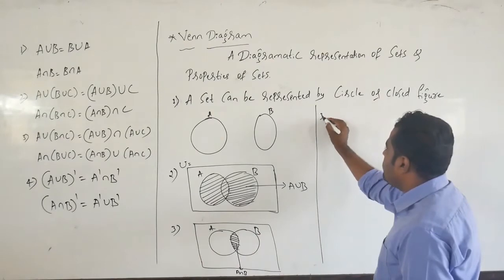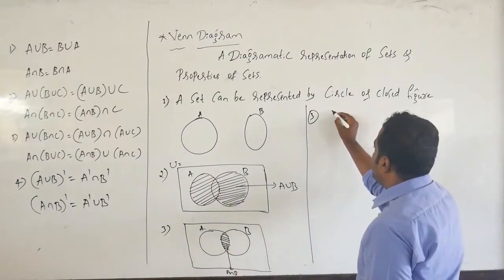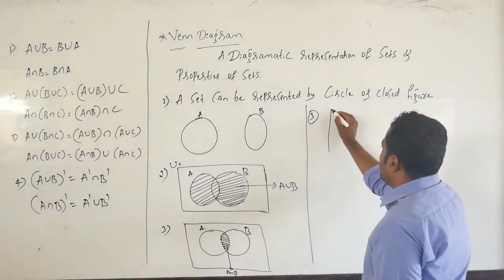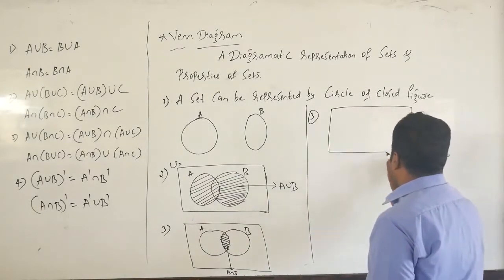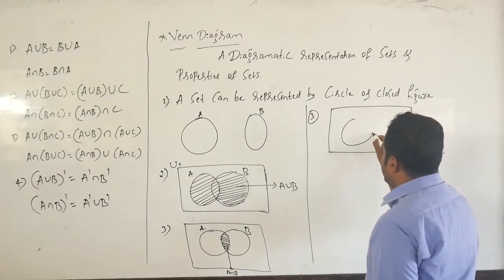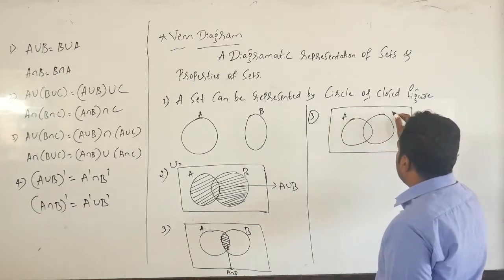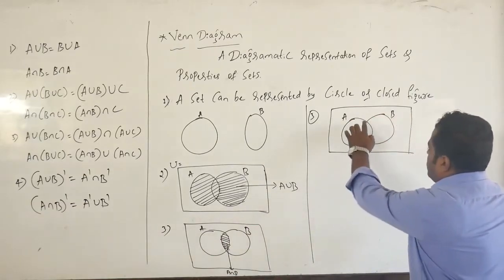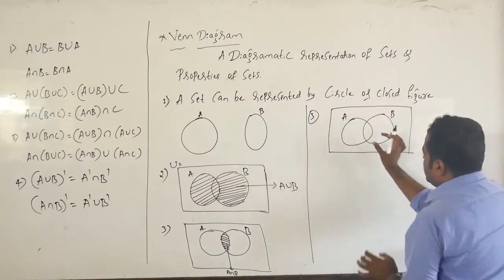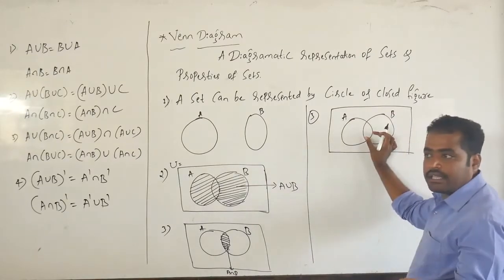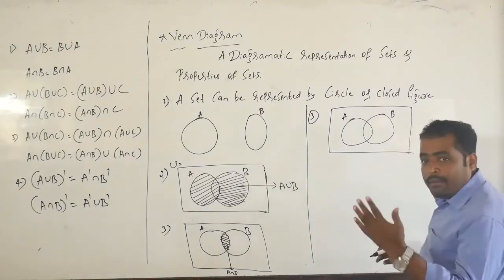Next, third one. We have to show that A minus B. Set A, set B. This is the whole set A. This is the whole set B. There is a common space, nothing but A intersection B. Here, how to find A minus B?